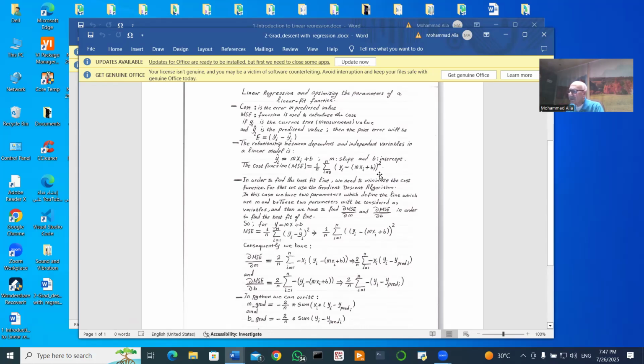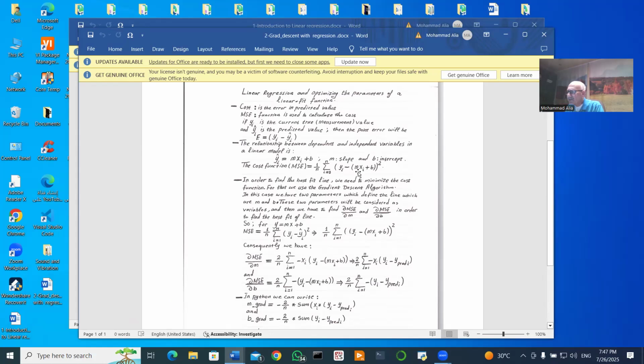So in order to do that, you will remember when we worked with optimization, here although m is a constant value and b is a constant value, in order to find the minimum of the regression objective function, we shall consider m as a variable and b as a variable, and take the partial differential by m and the partial differential by b, and then apply the gradient descent method.